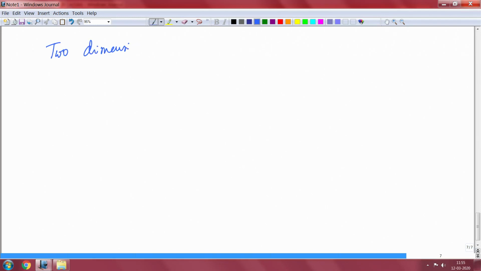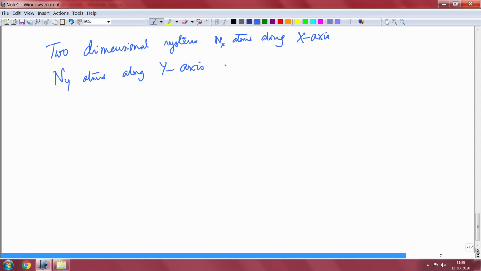In a two dimensional system, we have nx atoms along the x axis and ny atoms along the y axis. We will have a total of nx ny atoms.